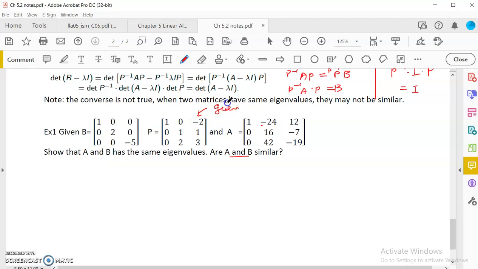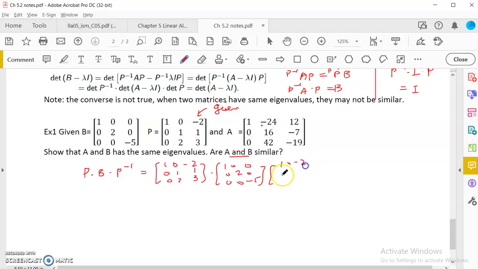To check, P times B times P inverse is equal to what? I use P as 1, 0, negative 2, 0, 1, 1, 0, 2, 3, times B, which is 1, 0, 0, 0, 2, 0, 0, 0, negative 5, times P inverse.